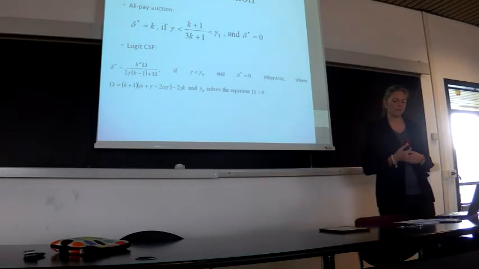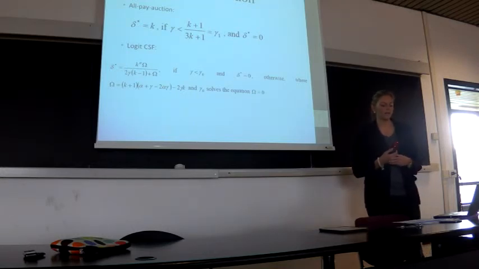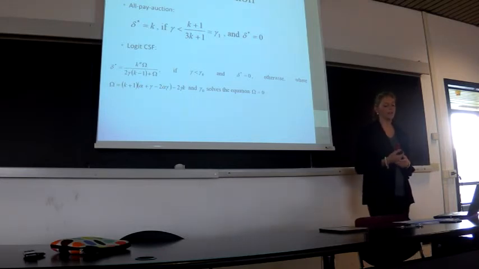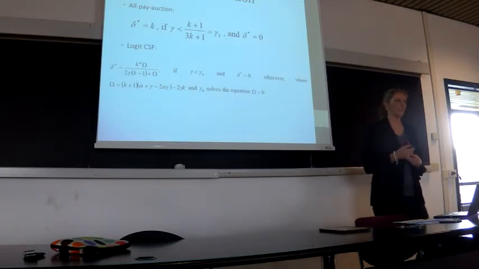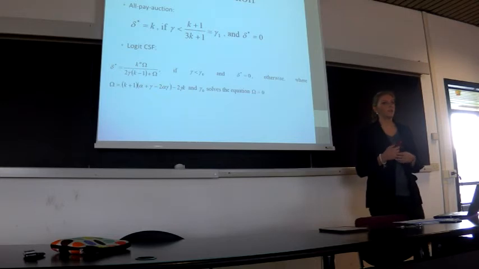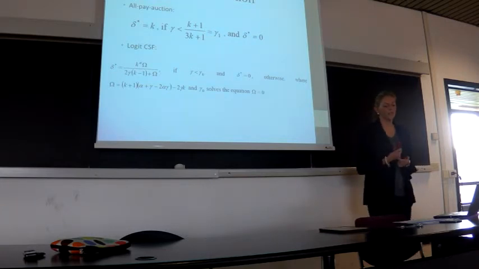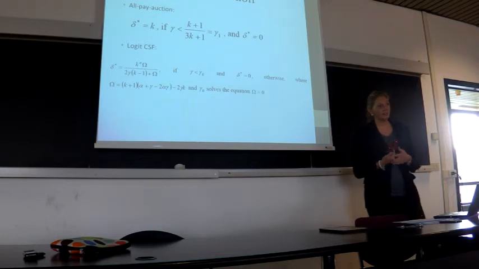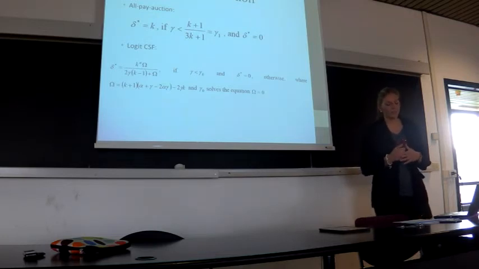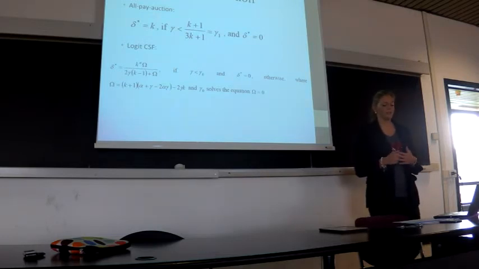And for any y the designer chooses, his utility is always larger than or equal in the all-pay option than under the logit CSF. So there is no way his utility can be worse off if he chooses the all-pay CSF, because the all-pay option CSF emerges as an equilibrium strategy.